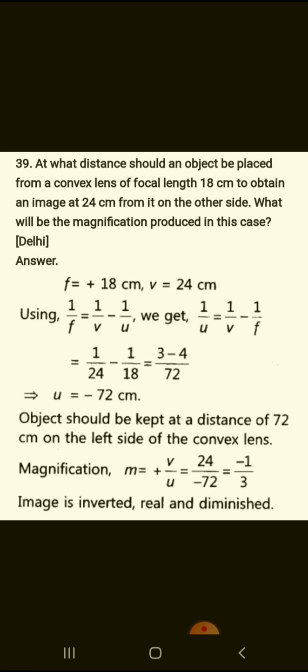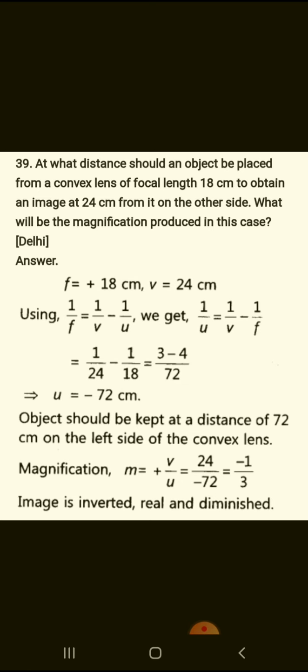Now we have the value of v and the value of u, and we want to find the magnification. The formula of magnification is equal to v upon u. So magnification is equal to 24 upon minus 72, that is equal to minus 1 upon 3.